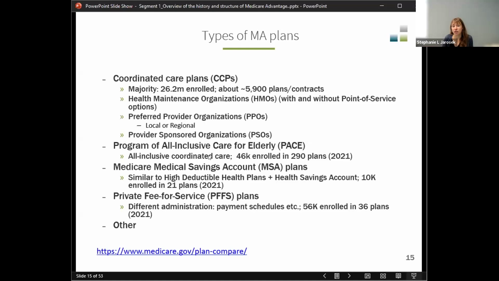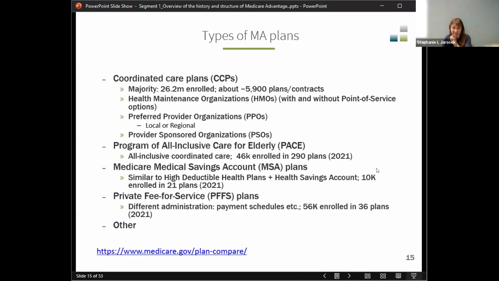This is all-inclusive coordinated care designed to help elderly beneficiaries stay in their homes. So it will provide home health services and adult daycare, and many different things. But it's not a huge proportion of the MA overall. There are even Medicare medical savings account plans.